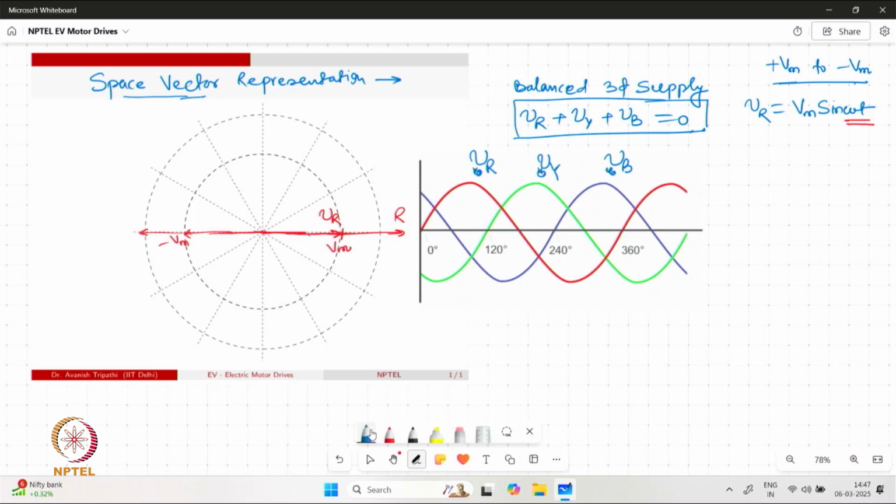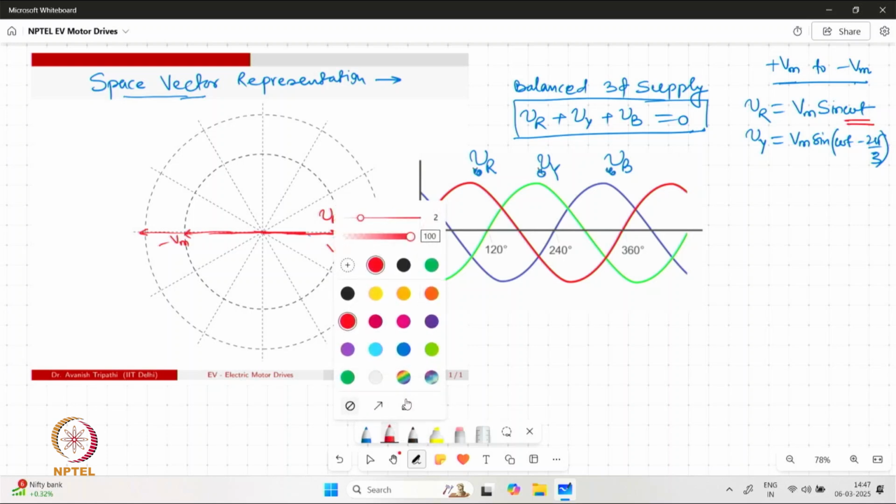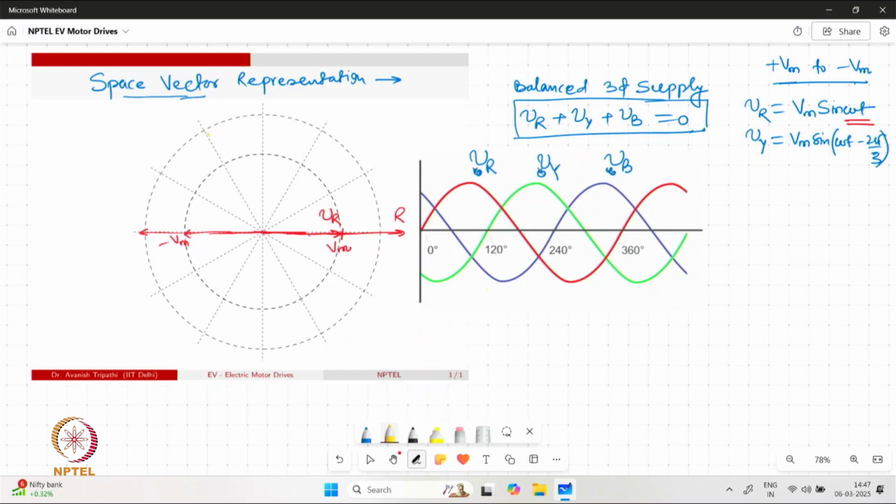Similarly, when we are talking about Y phase, and we have the distribution in time sin omega t minus 2 pi by 3 appearing over there, we place the vector 120 degrees shifted from the R phase, something like machine winding.